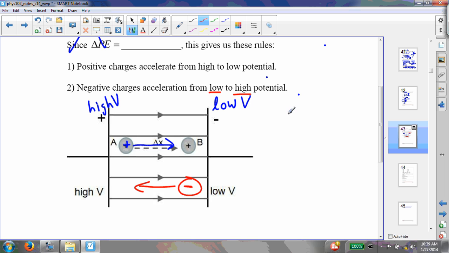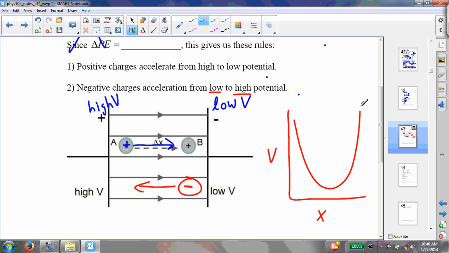All right. Now this has some scenarios. Let's say that I have a plot of V versus position, I'll just say it's X. Let's say the plot looks like this, for example. And let's say that I put a positive test charge right here at this position, say X equal A. Since positive test charges tend to accelerate from high to low potential, that positive test charge is going to move in that direction because it wants to find a lower potential.